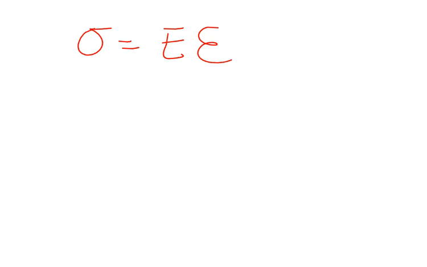That's Hooke's law. Now, instead of looking at stresses, what we want to do is look at strains. So solving for strain, we get epsilon is equal to sigma over E. Okay, and keeping that in mind, we're now going to apply superpositioning.